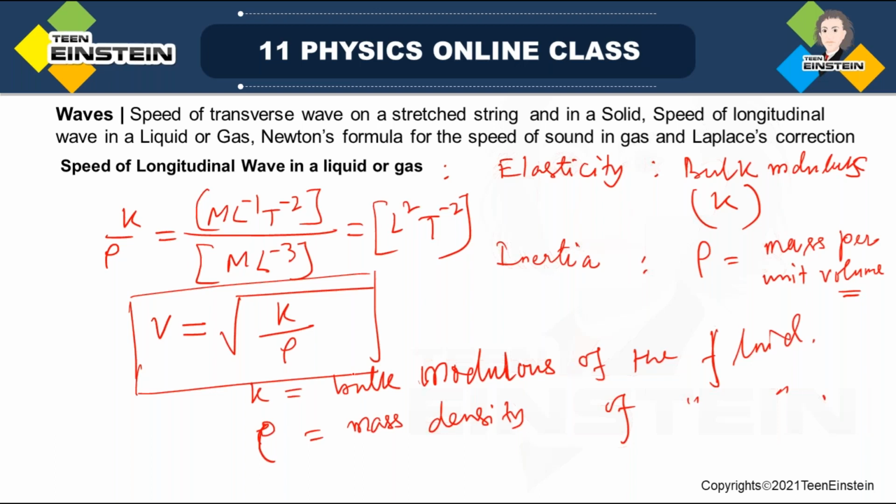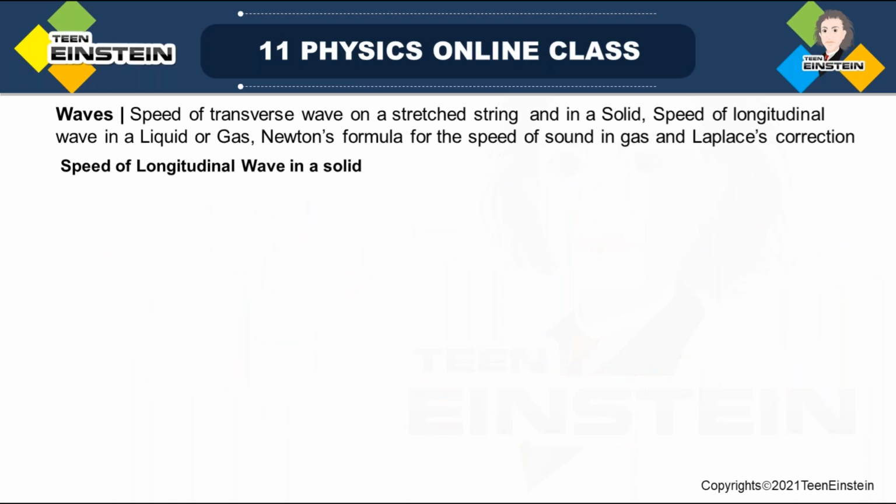Now, speed of a longitudinal wave in a solid medium. How will it be in a solid medium? See, in a solid medium, if I take an arbitrary solid, it would have both the moduli, like bulk modulus and rigidity modulus.